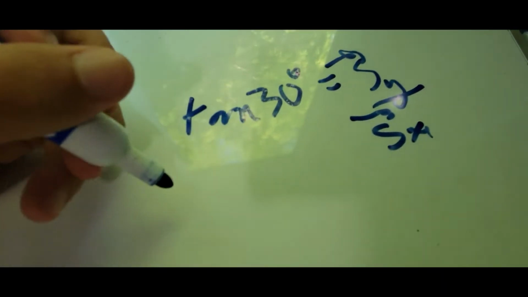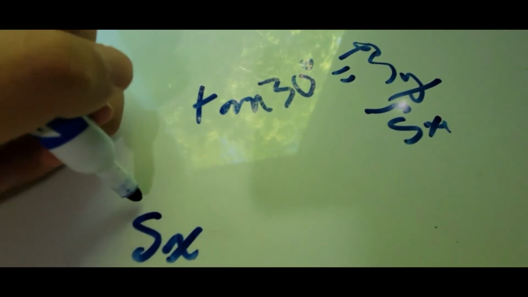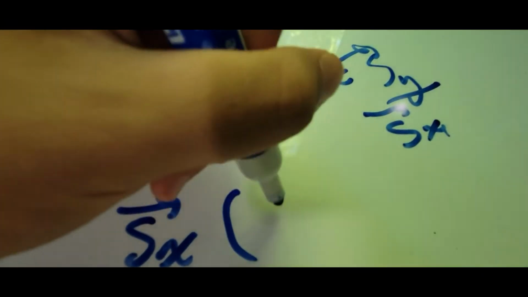Tangent of 30 degrees is equal to sy divided by sx. And to make it simpler, we could just say sx times the tangent of 30 degrees is going to equal sy.